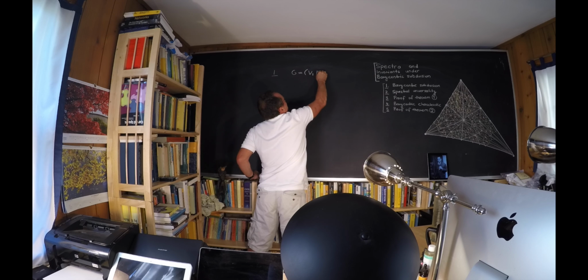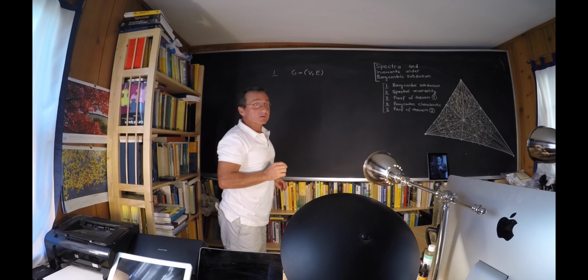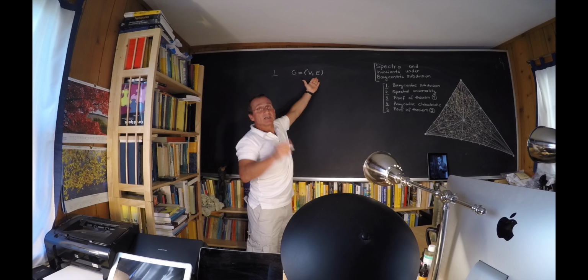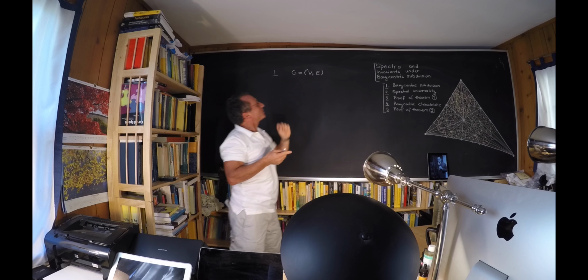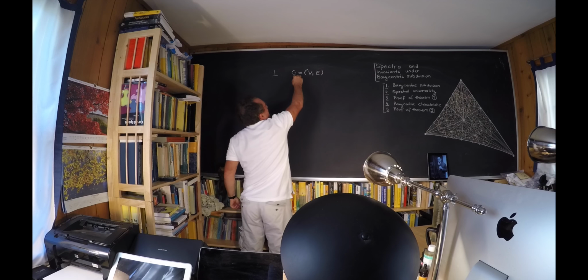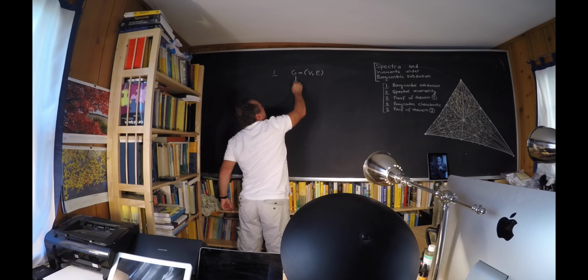Assume it is a finite simple graph, meaning there are finitely many vertices, finitely many edges, there are no self-loops and no multiple connections. And we define from this graph a new graph which we call G1.